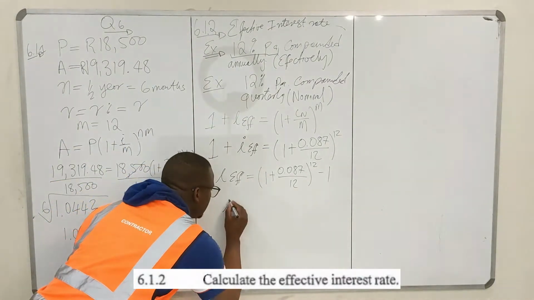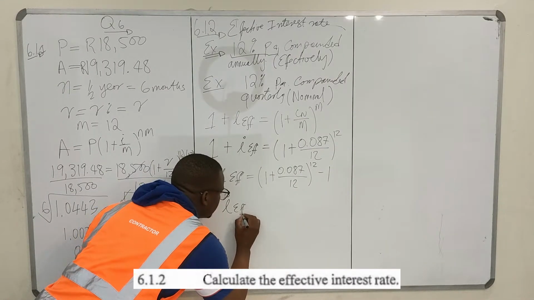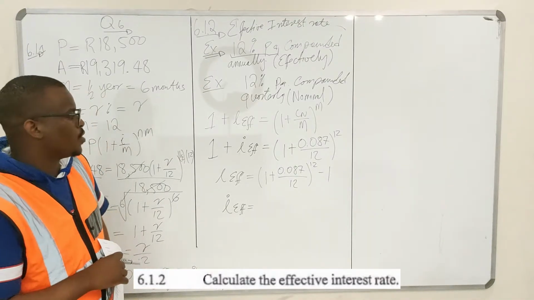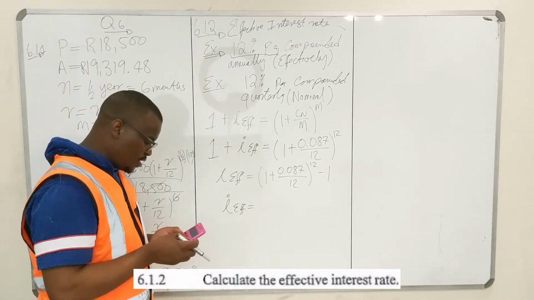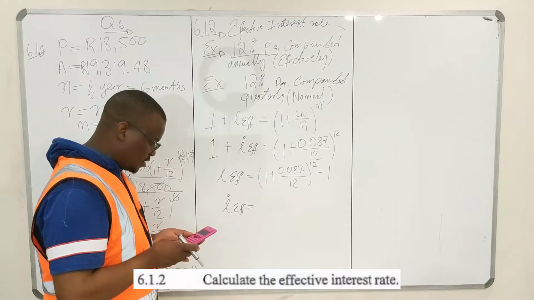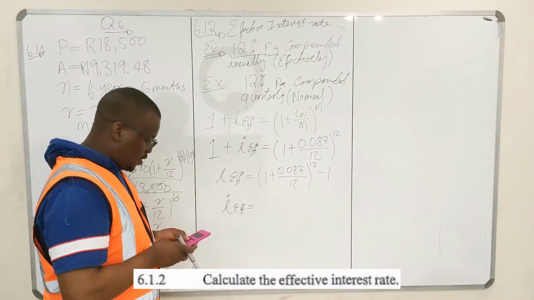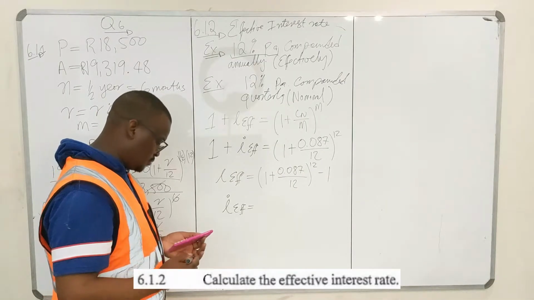Then your I effective is equal to the answer of that. So let's punch that in and see what we get.